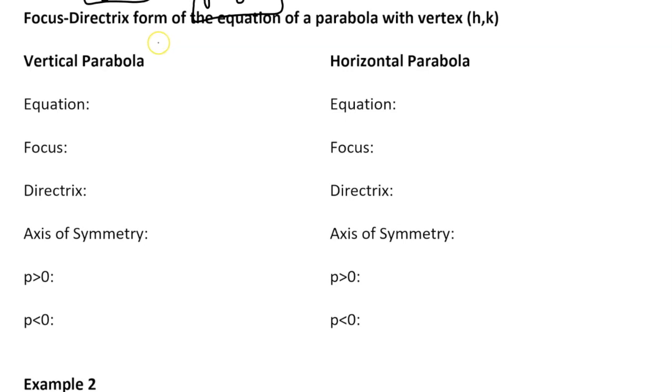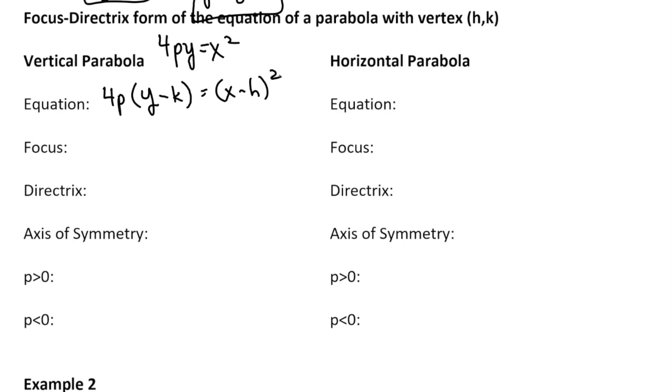So if our vertical parabola took on the form of 4py equals x squared, then to write this in an expanded form with a vertex of (h, k), we could say 4p, and then our y is going to move up and down k units, and our x is going to move left and right h units. Then we could get something that would be applicable where we don't just have a vertex of (0, 0).